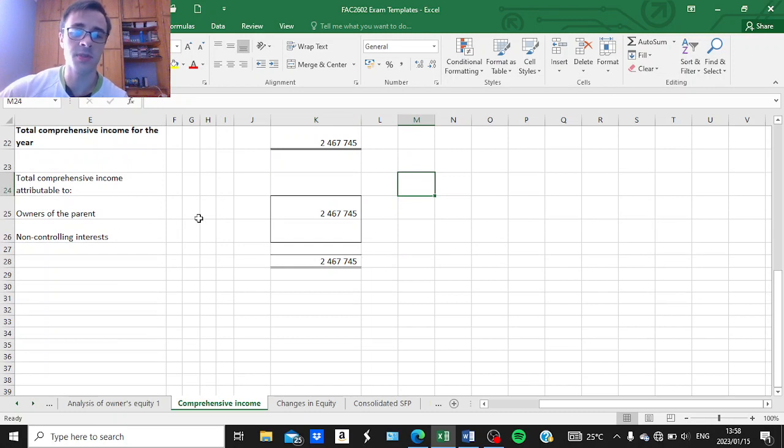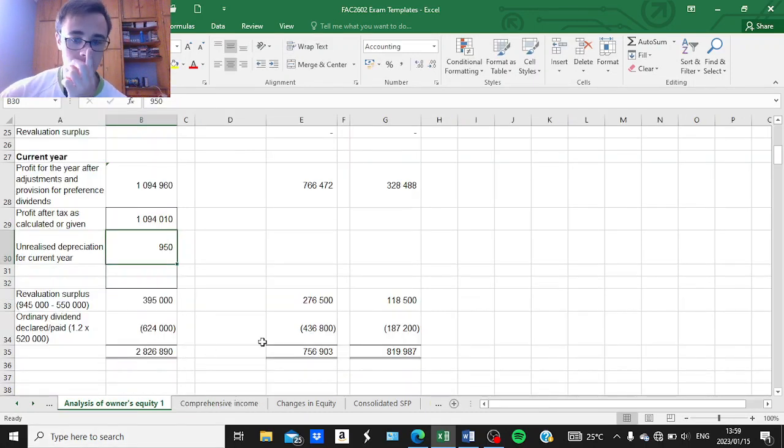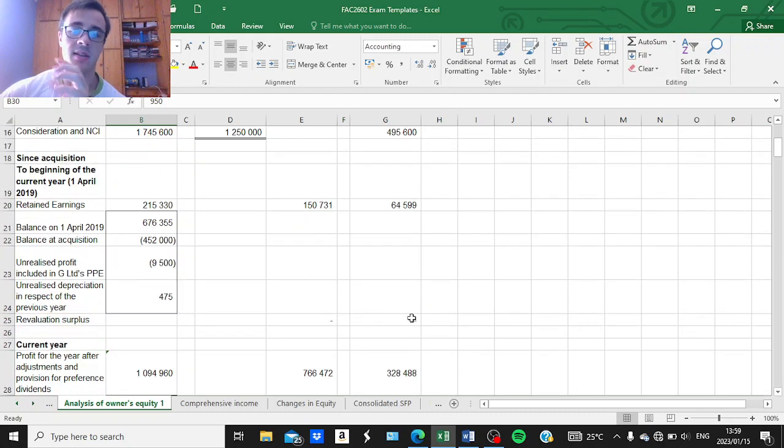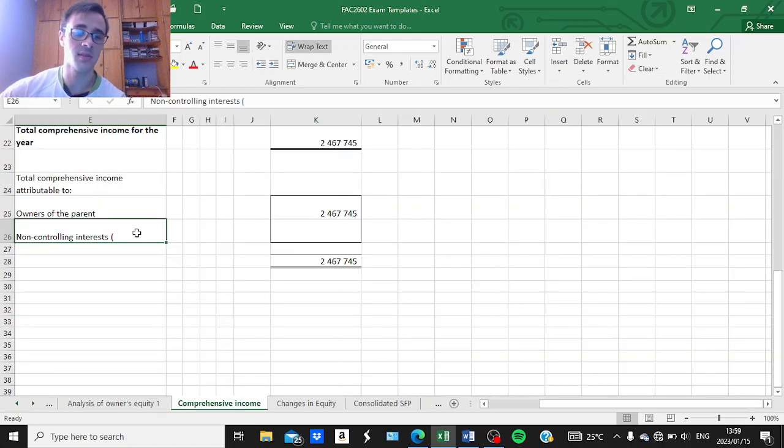And then we need to split this between non-controlling interests and owners of the parent. So we will start with non-controlling interest, and these amounts will be found in the analysis of owner's equity after you have made the necessary adjustments regarding unrealized profits or depreciation against the profit after tax. Preference share capital is not applicable in this question. So we will take the profit for the year after adjustments attributable to NCI, which is 328,488.